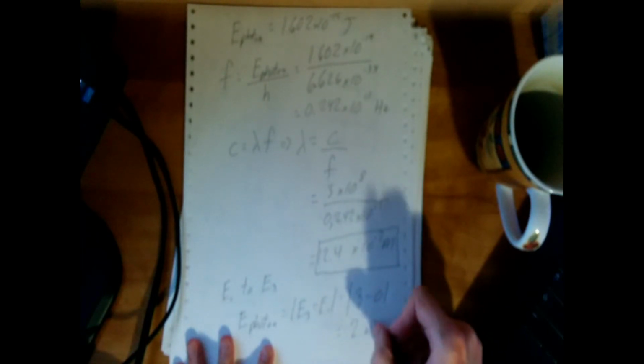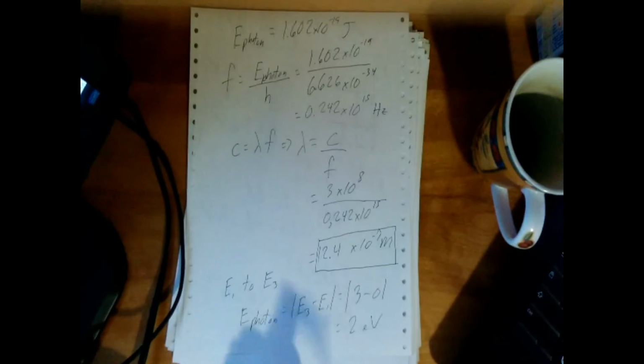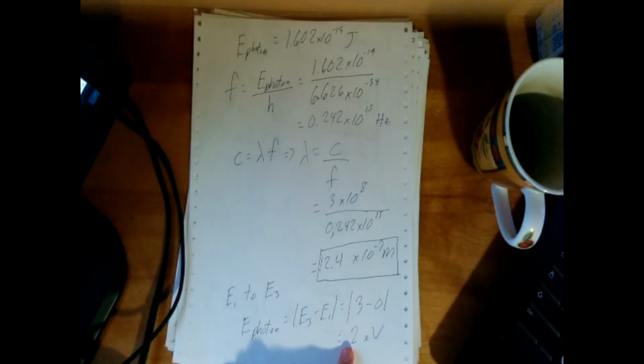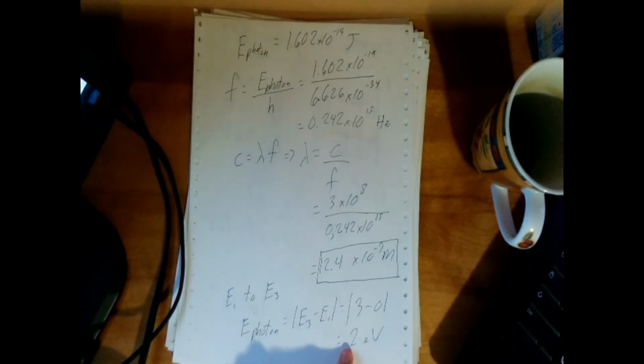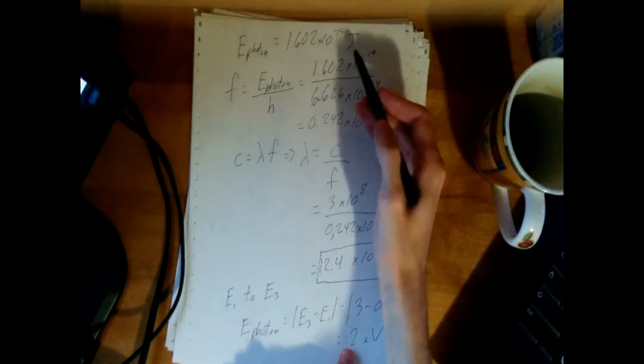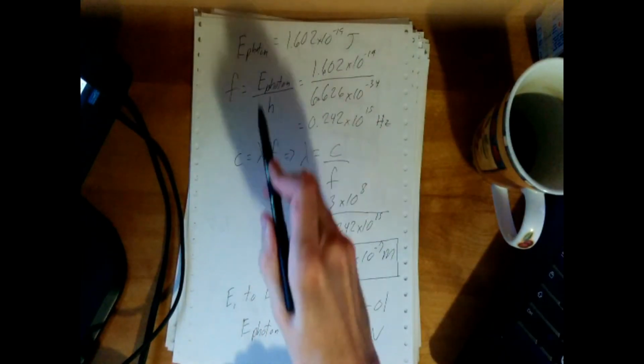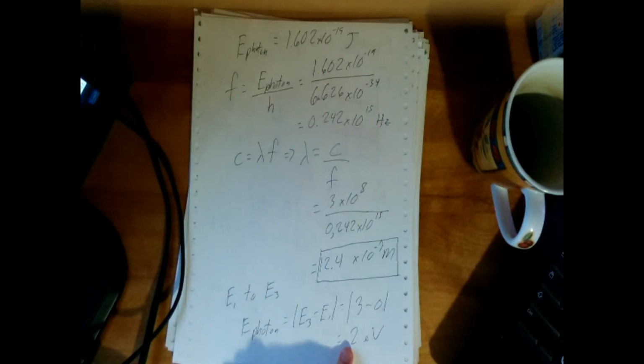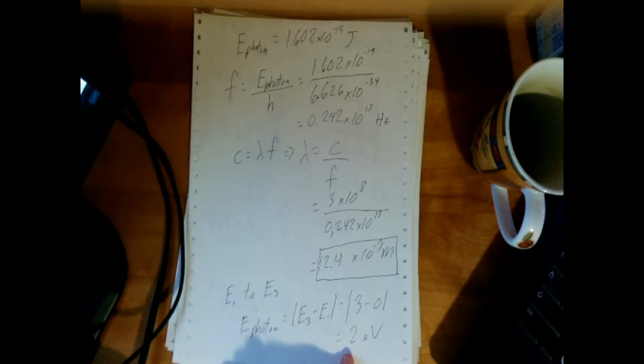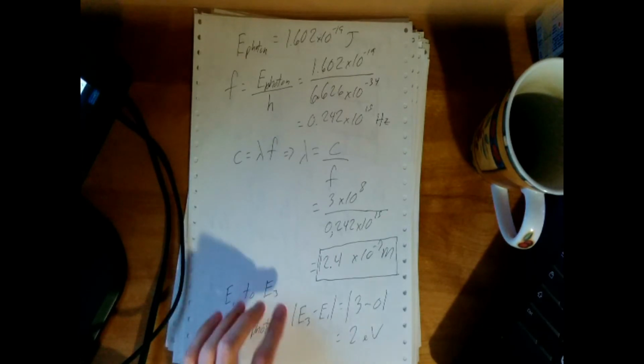It is equal to 3 minus 0, 2 electron volts. And using this energy, we'd go through the same pattern: transfer it into joules, then find the frequency, then with the link we have through the speed of light, find the wavelength. So for each different transition, the main difference will be the new energy of the photon.